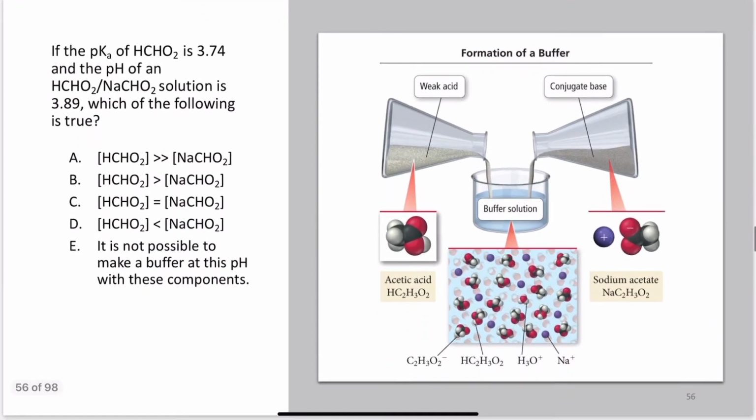Okay, if the pKa of HCHO2 is 3.74, and the pH of an HCHO2/NaCHO2 solution is 3.89, which of the following is true? So if the pKa is this, we know pH equals pKa at the half equivalence, which is when the concentration, in this case, of HCHO2 is equal to the concentration of CHO2-.